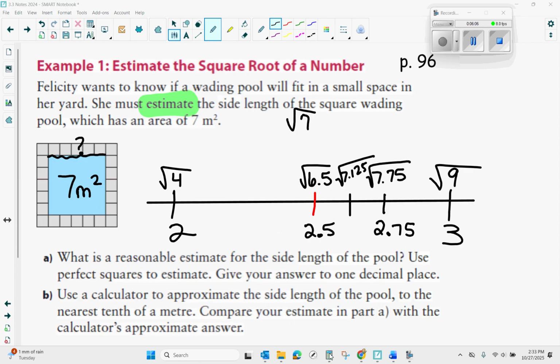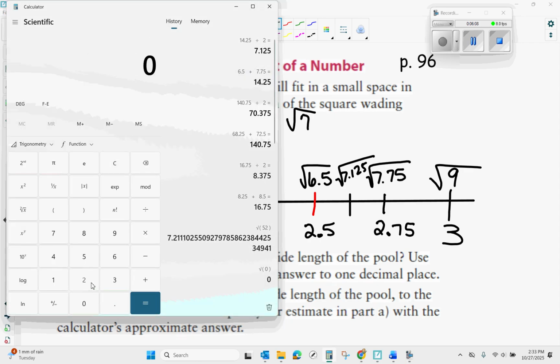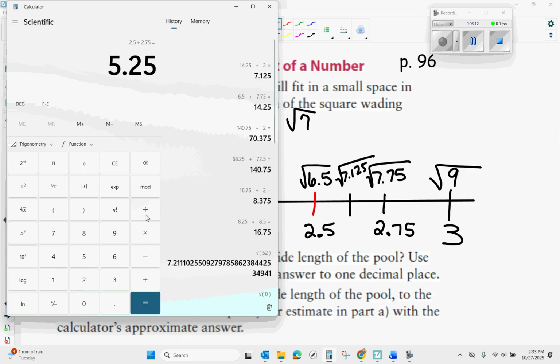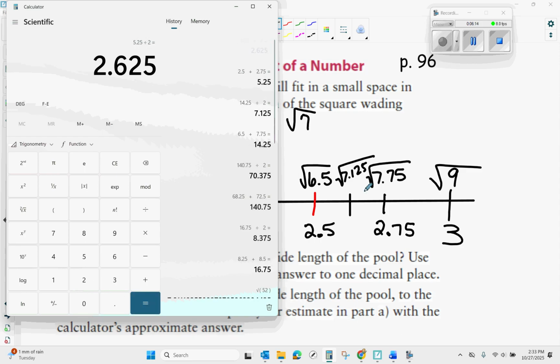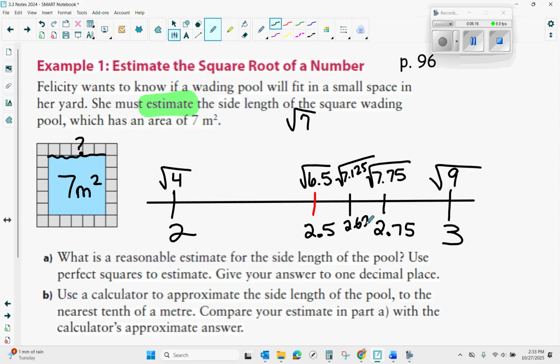And then the middle of 2.5 and 2.75 is 2.625. So I can really make a close guesstimate now.